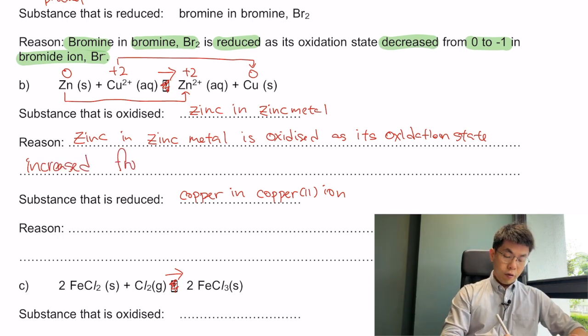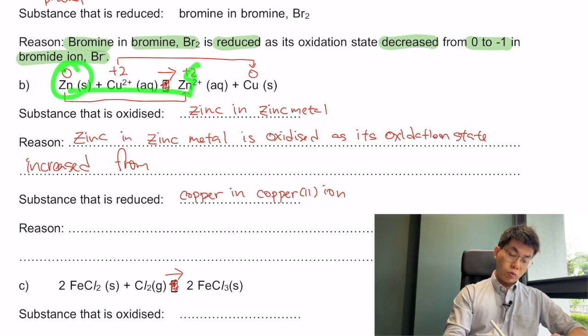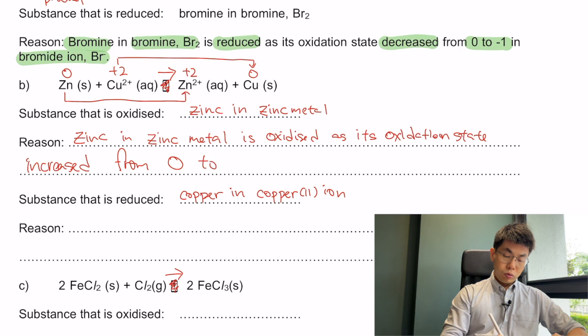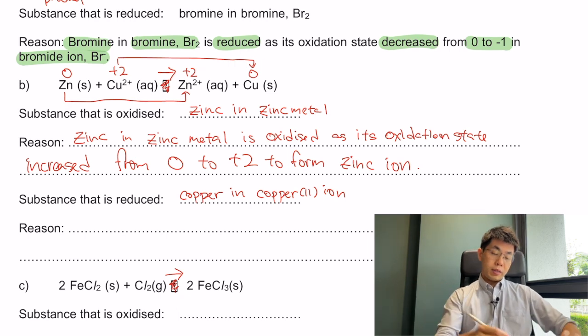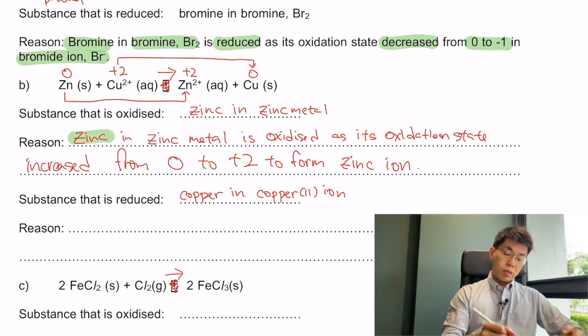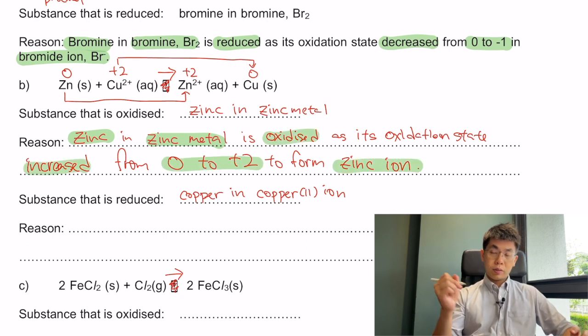Originally it is 0 and then to +2. So from 0 to +2. And then we must tell what the product formed is: zinc 2 plus ion, so zinc ion. So this is how we write. Remember: the species, the starting reactant, whether oxidized or reduced, whether increase or decrease, starting to end, and then product.